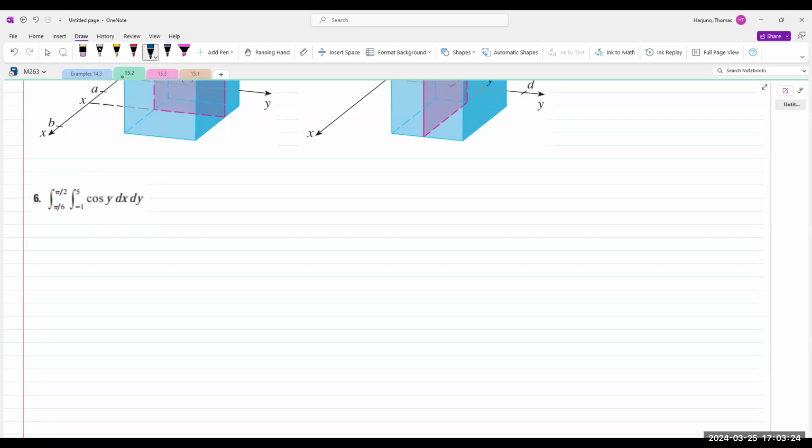So what happens if you integrate a constant? I want to say this. In Calc 1, suppose I have the integral from a to b of dx, which is basically the case we have right now. When you integrate 1, that gives you x from a to b, which is b minus a.